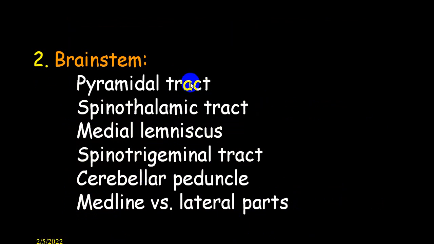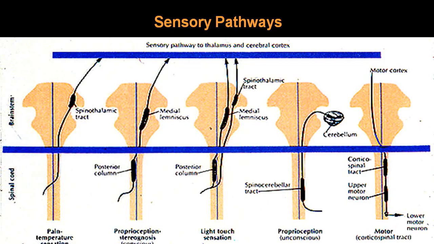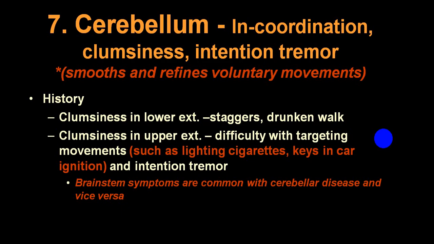You get involvement of the pyramidal tract, spinothalamic tract, medial lemniscus, spinotrigeminal tract, cerebellar peduncle, etc. So you can have even cerebellar signs, depending upon which level you get involvement of the sensory pathway. I am not going into that at present.